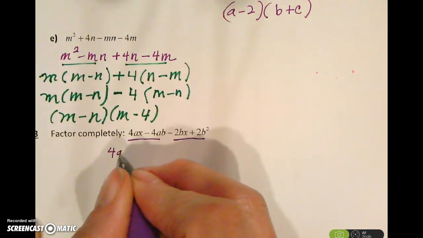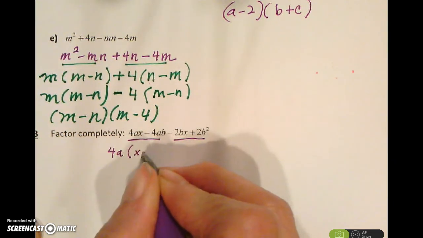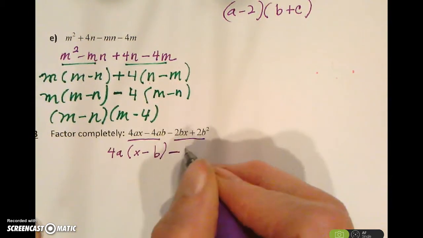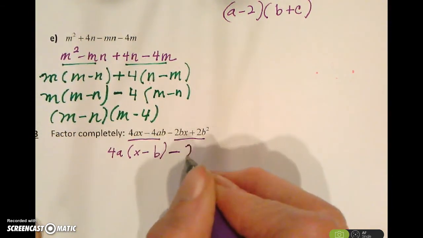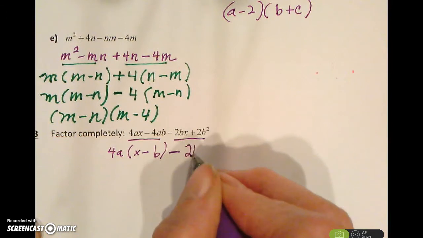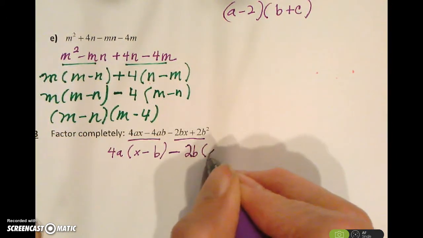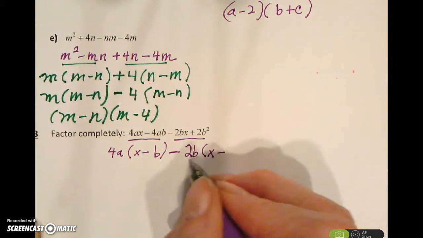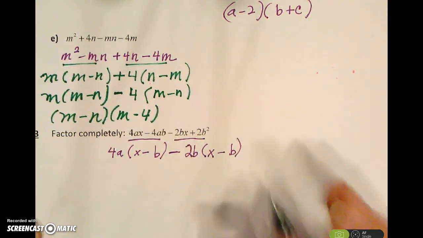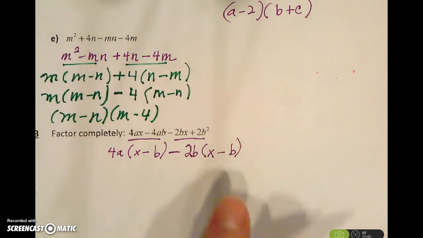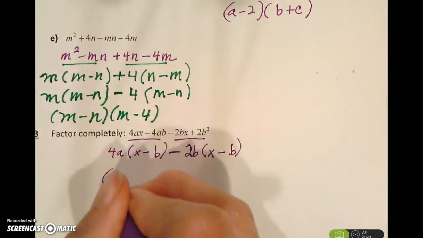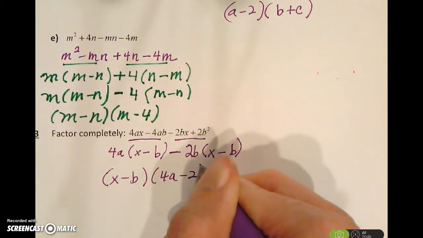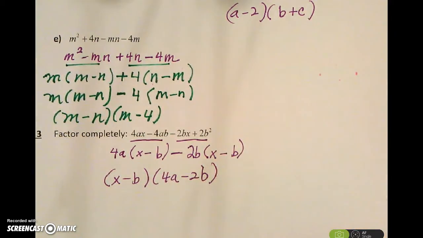They both have an A in common, and that leaves me with x minus b. Third sign is a minus. I'm going to factor that out. Then I have a 2 and a b, and that's going to leave me with x. And because I took the minus out, that's going to change this to a minus, and then b. All right, so then I'm going to factor out my x minus b, and I'm left with 4a minus 2b.